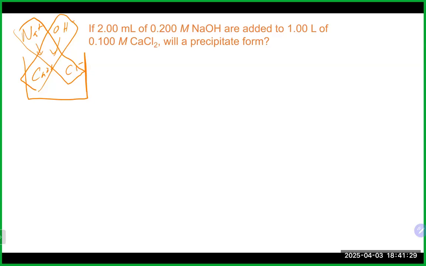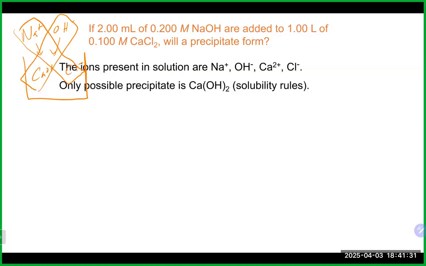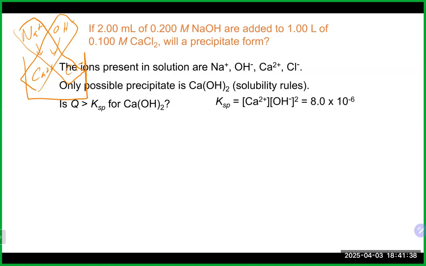Our option actually is calcium hydroxide is a possible solid that could form in this case. And what we want to know is basically, is the Q value greater than or less than the KSP? The KSP for calcium hydroxide, if you looked it up in the table, would be 8 times 10 to the minus 6. So why don't you take a moment here and calculate Q and see if you would expect a solid to form.